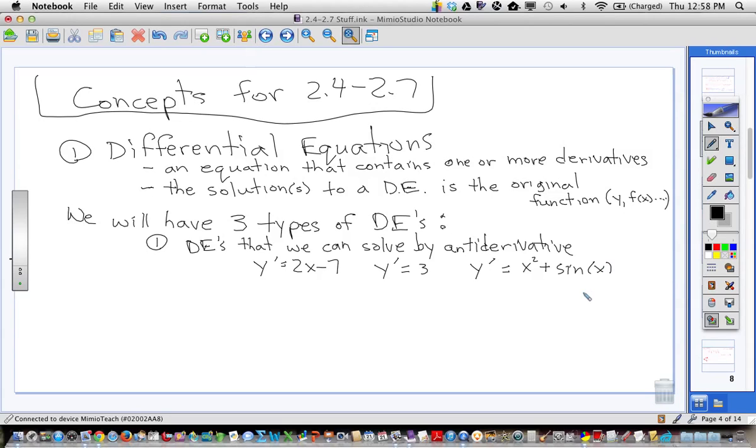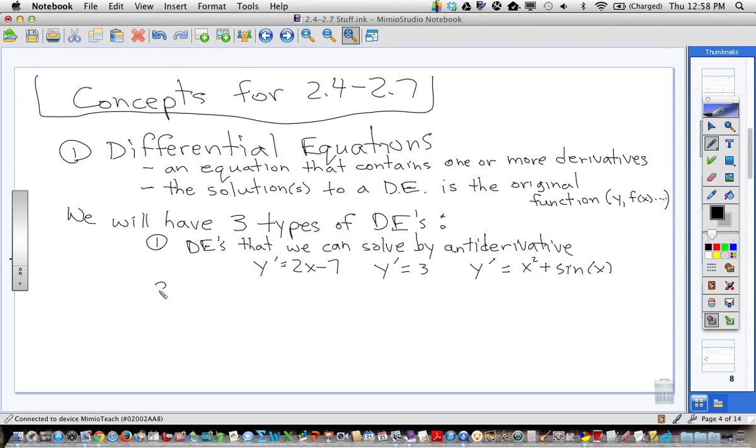They have y prime, but they're all new because they're all differential equations. What else do you notice about it? They all have x in them, or just a constant. So we can do the antiderivative with respect to x. So these we can solve by just doing an antiderivative. If they just have x in them, then we're good. They're just basic antiderivative type things.